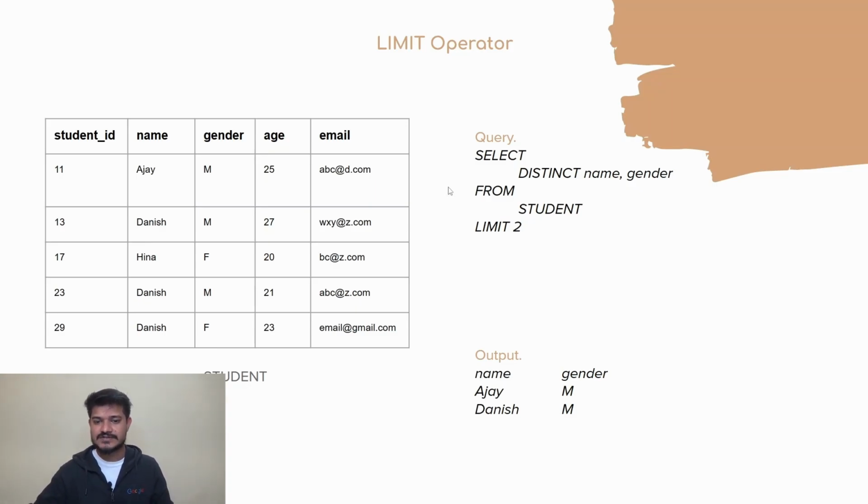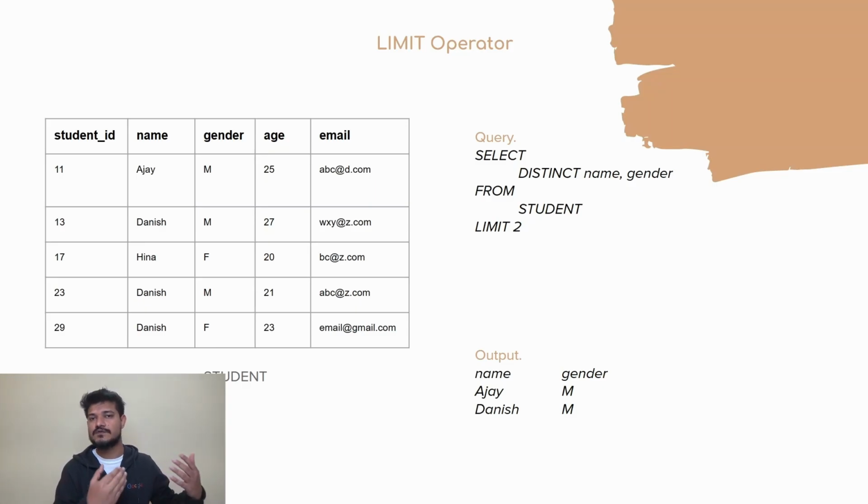So write your select query, and after that you can simply write limit and then the number of rows you want. So I'm fetching name and gender from student, of course distinct, and I only want 2 rows. So in my output I'll only have 2 rows, not more than that. By using the limit operator, you can control how many rows you want.